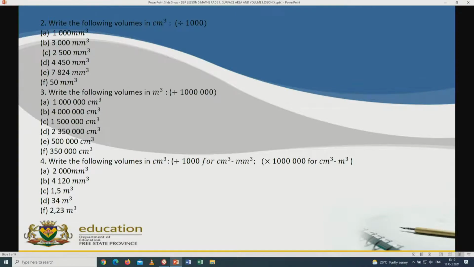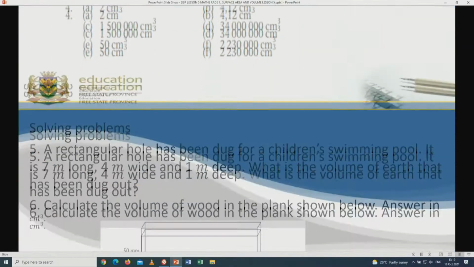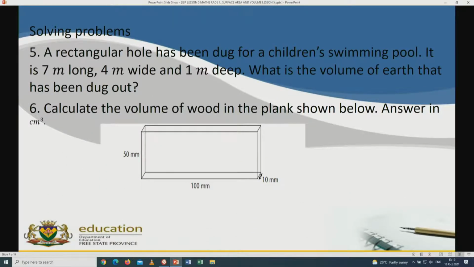Now let's take more of a problem solving one. These are types of questions that will definitely be there in your exams. Let us solve this. Solving the problems that are based on converting to the cubic units under the surface area and the volume.